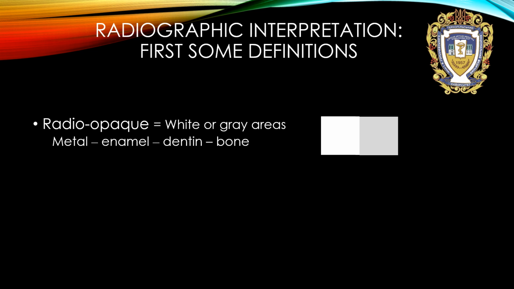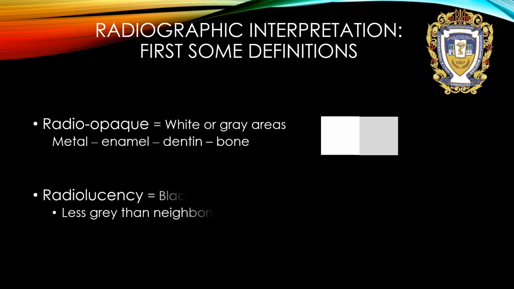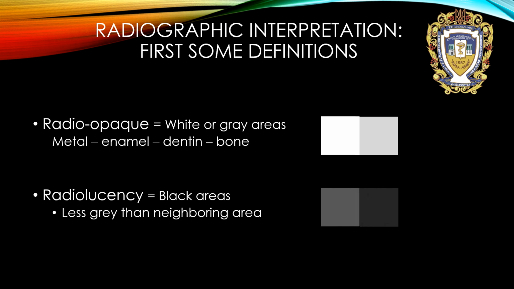Zirconium is white like metal. And radiolucency: black areas, less gray than the neighboring area, like here or here.